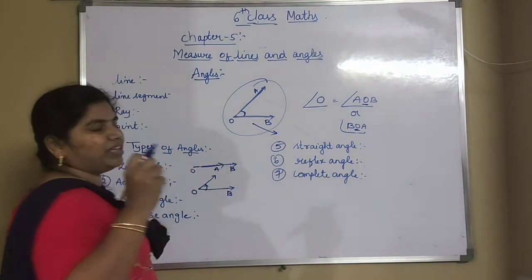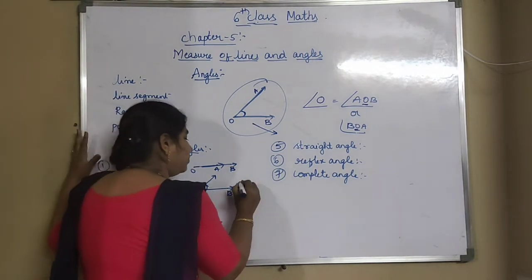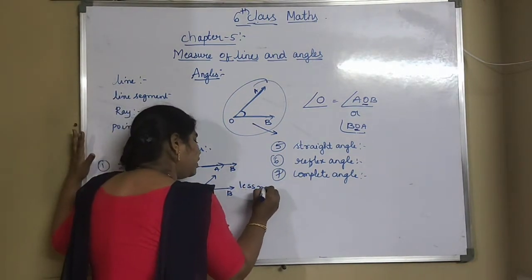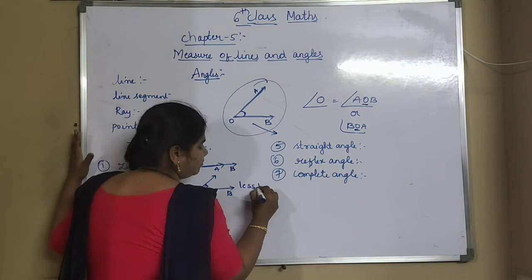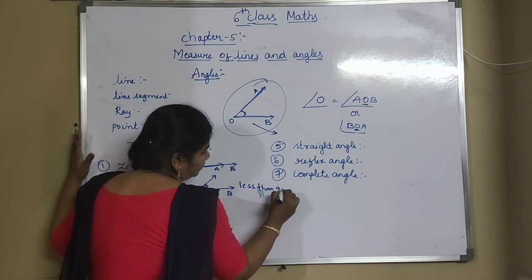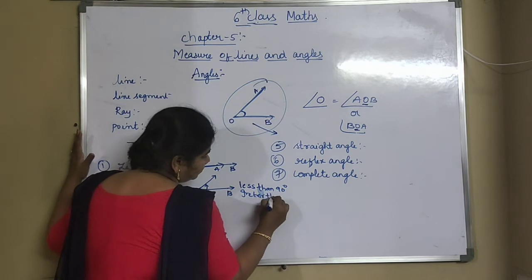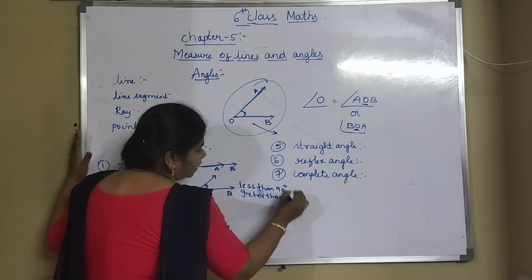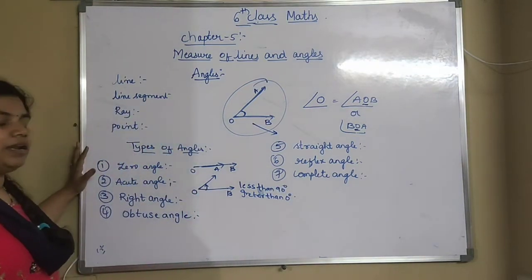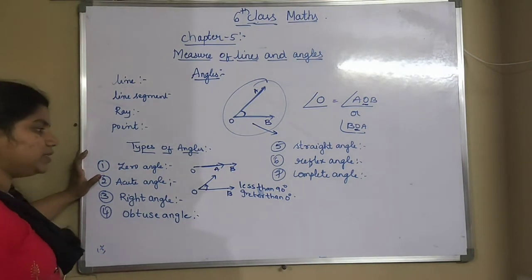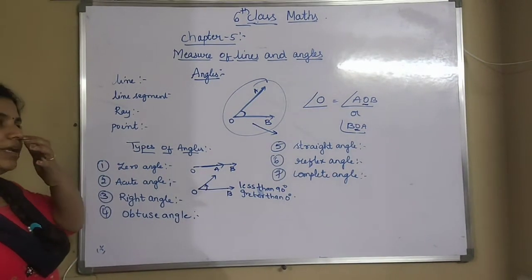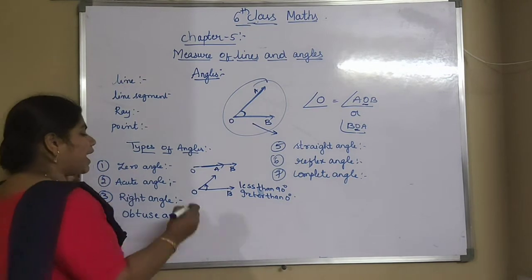Which type of degrees are acute here? That will be less than 90 and greater than 0 degrees. The values, if they are less than 90 and greater than 0, all angles we will call it as acute angles.